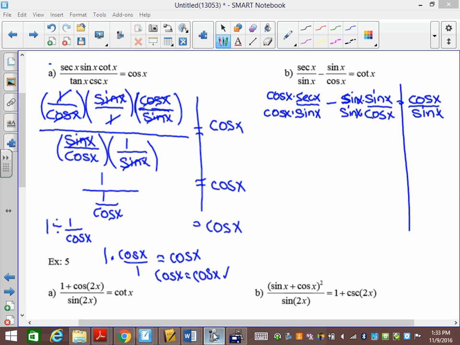What's cos x times a secant x always? 1. Because what's secant x? 1 over cos. So what's cos times 1 over cos? 1. So when you multiply two reciprocal identities together, they get you 1.